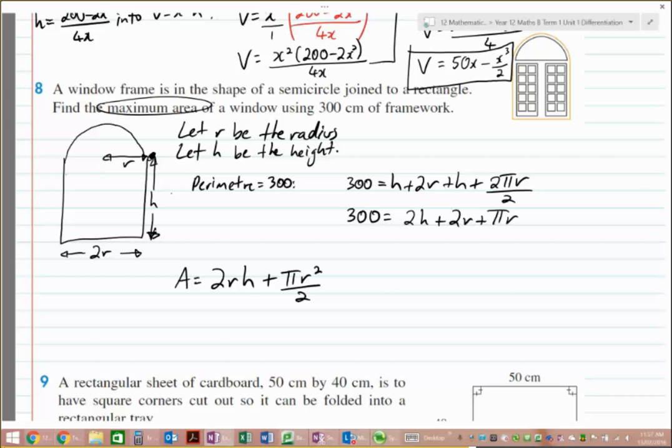Okay, so the goal is to get H by itself. So 300, I'll subtract these two things, so minus 2R minus pi r is 2H, sorry, and then I can divide everything by 2.